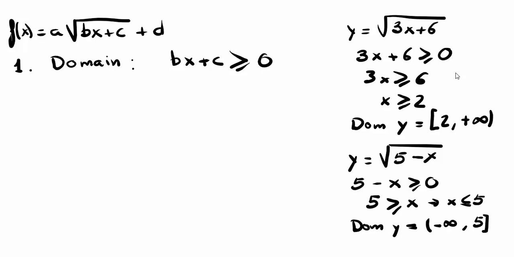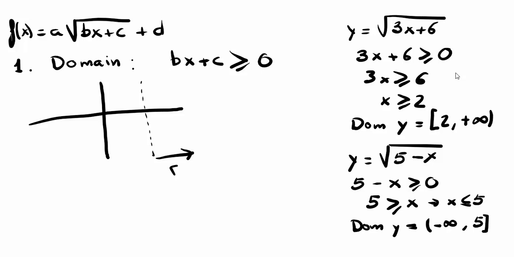Okay, so once I have the domain, I know that these are my axes. This will be a certain value, and I know I have function on this side of this line, and here nothing.